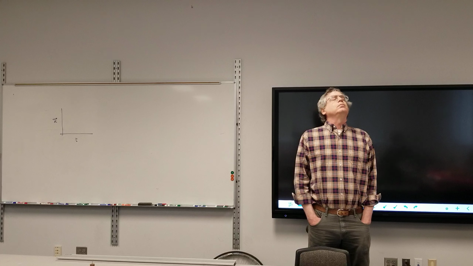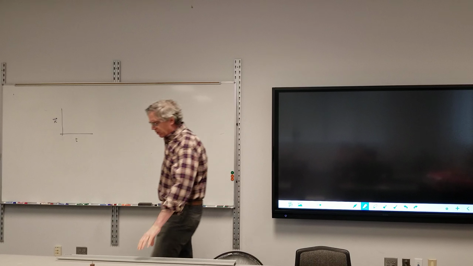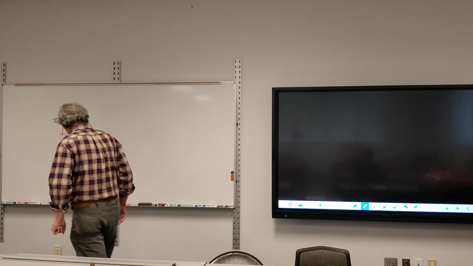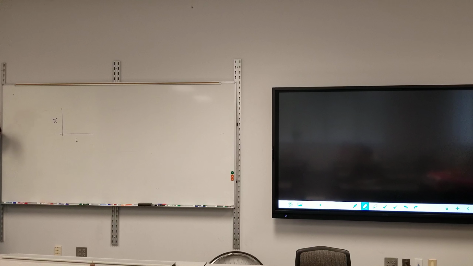Appreciate it. First, I want to address a question that was asked right before class. If I have a position versus time graph, how would I find velocity? By looking at the vertical movement, because that's the change in position.